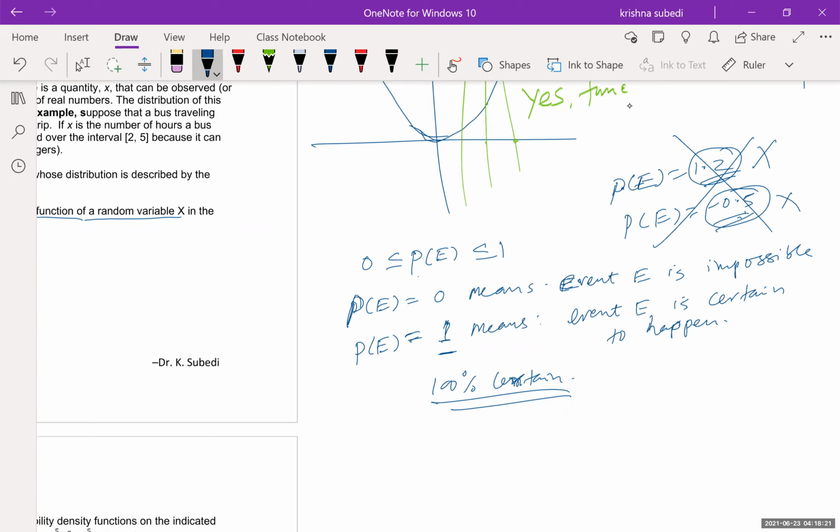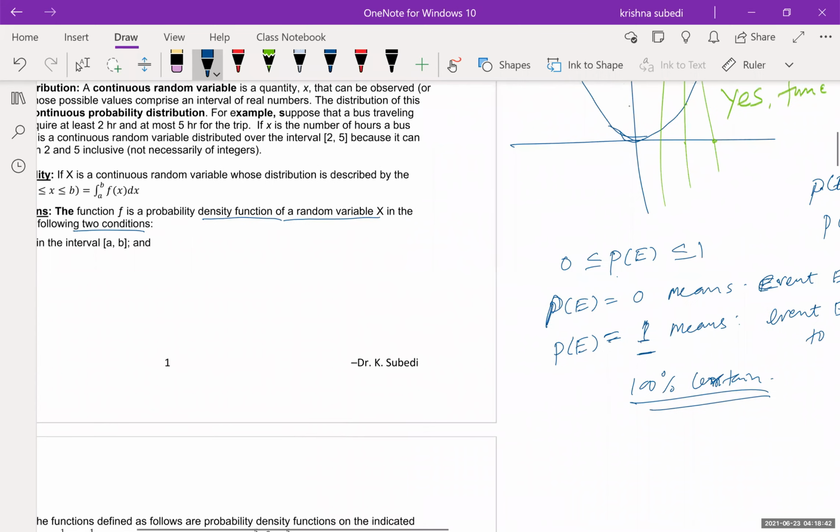Even though the literal meaning is wrong, its figurative meaning is that the person is pretty sure. All right, too much talking.